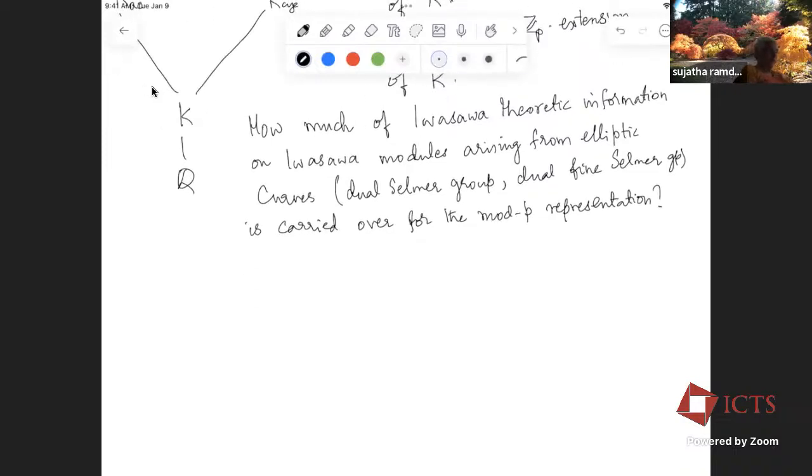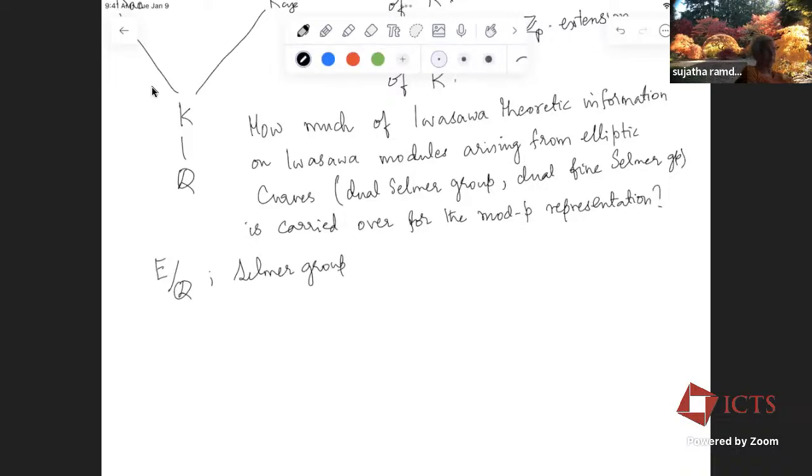So we have an elliptic curve E over Q. For today's context, I'm just going to work in this setting, though of course this question can be asked for any elliptic curve and F an arbitrary number field and so on. Now we have the Selmer group.